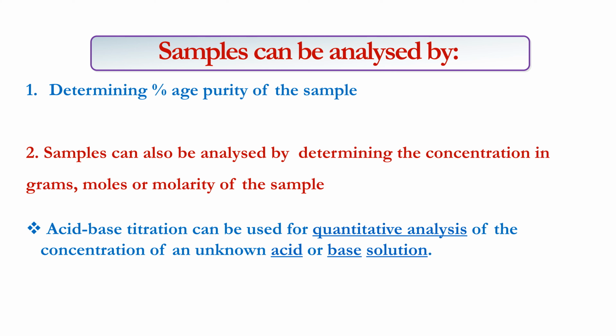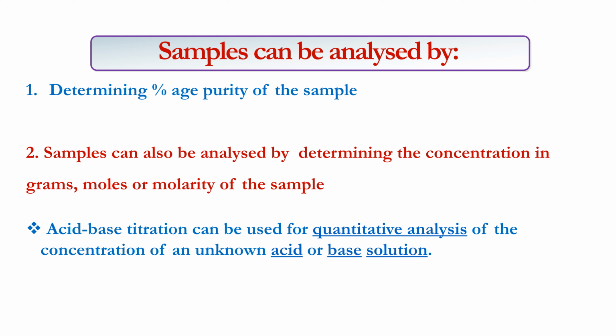Acid-base titration makes use of the neutralization reaction that occurs between acids and bases. And it also makes use of the knowledge of how acids and bases will react if their formulas are known. So, acid-base titration allows for quantitative analysis of the concentration of an unknown acid or base solution.